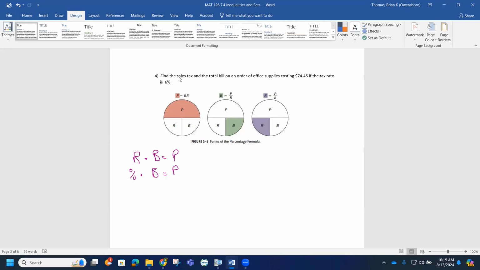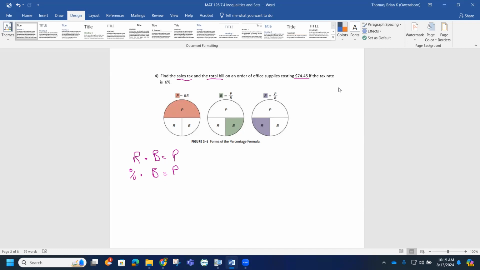So if we look at this problem, it says find the sales tax and the total bill. So it wants us to find two things. Office supplies cost $74.45, so that sounds like our initial cost, or our base amount. And the tax rate is 6%.